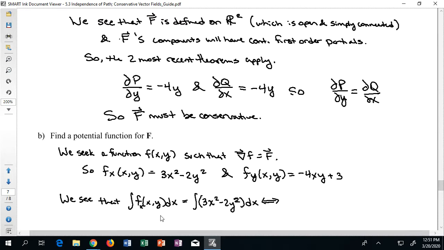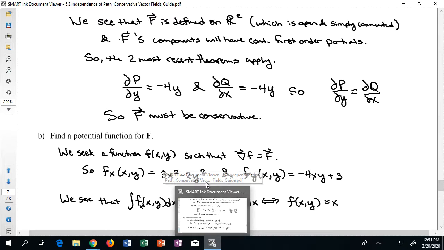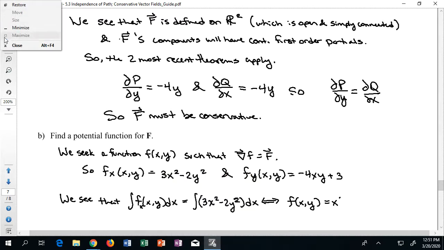And here then, I could easily see that I would propose that f of xy, which is what I get from the left side here, would have to be equal to something like x cubed minus 2y squared times x. But of course, don't forget at the back, plus a constant, right? I'd have to have some constant floating around at the back.